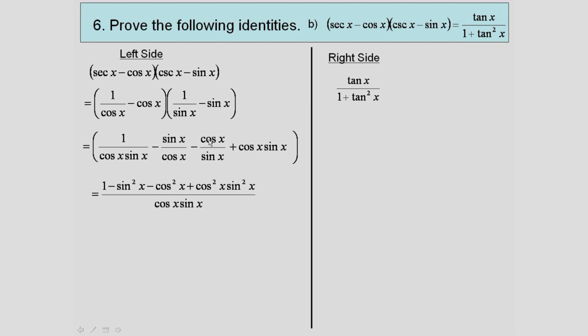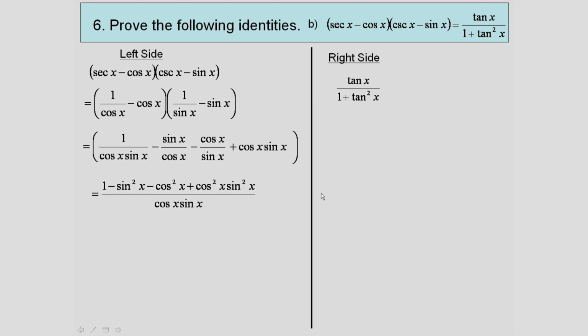So we have to multiply the top by cos x, giving us minus cos squared x. Last but not least, cos x sine x here currently has a denominator of 1, so it needs to be multiplied by cos x and sine x to get the common denominator, which means the top needs to be multiplied by cos x and sine x, giving us cos squared x and sine squared x.